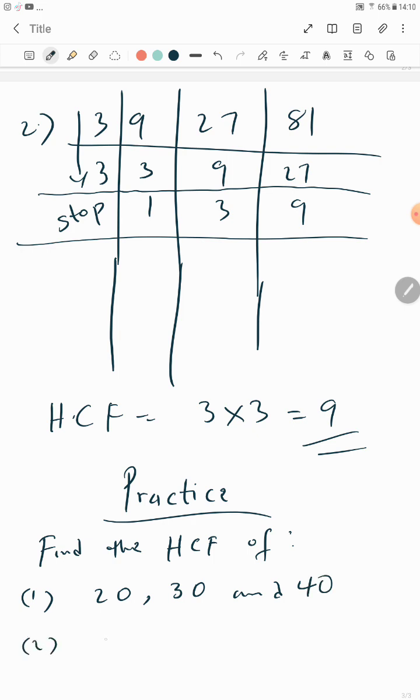The second one, let me give you 21, 42, and 51. You can try this, find the HCF, and please put your answers in the comment section below so that I can see if you have a good understanding of this.